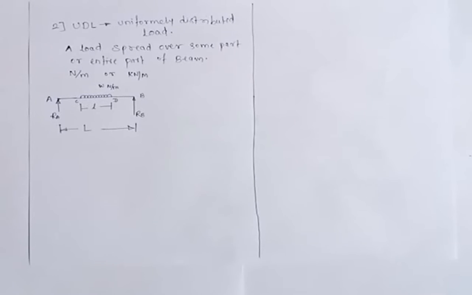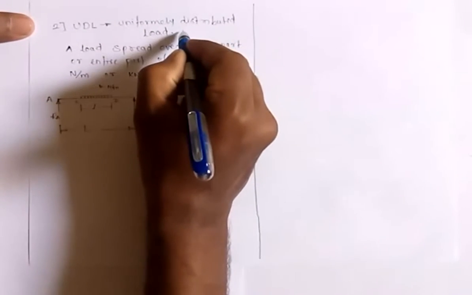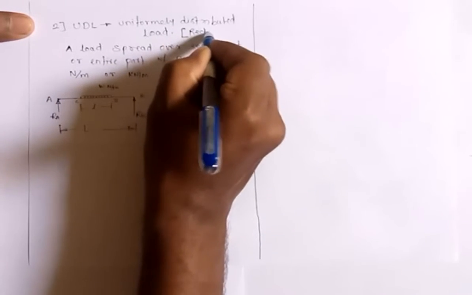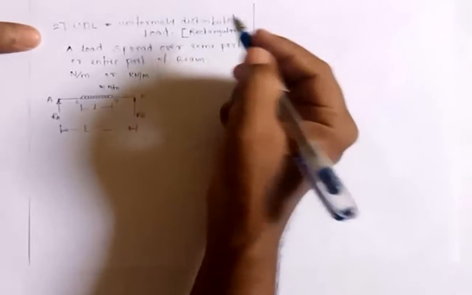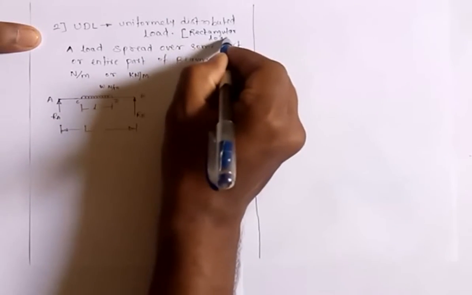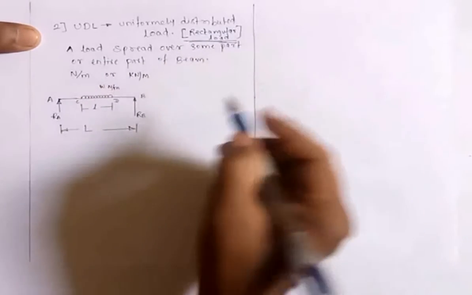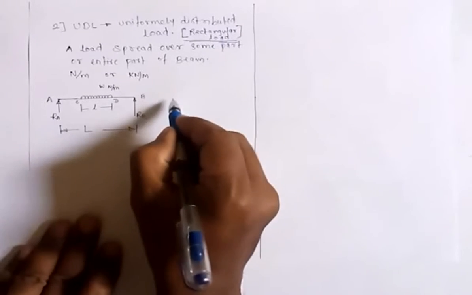This UDL is sometimes also called a rectangular load, or it is much similar to a rectangular load. So here I am writing, it is a rectangular load. Let us see how this rectangular load can be shown in the diagram.